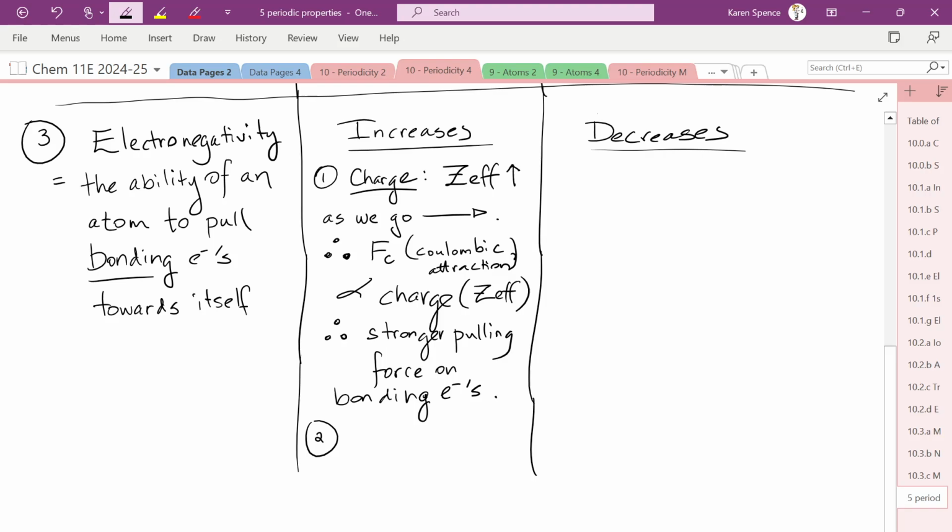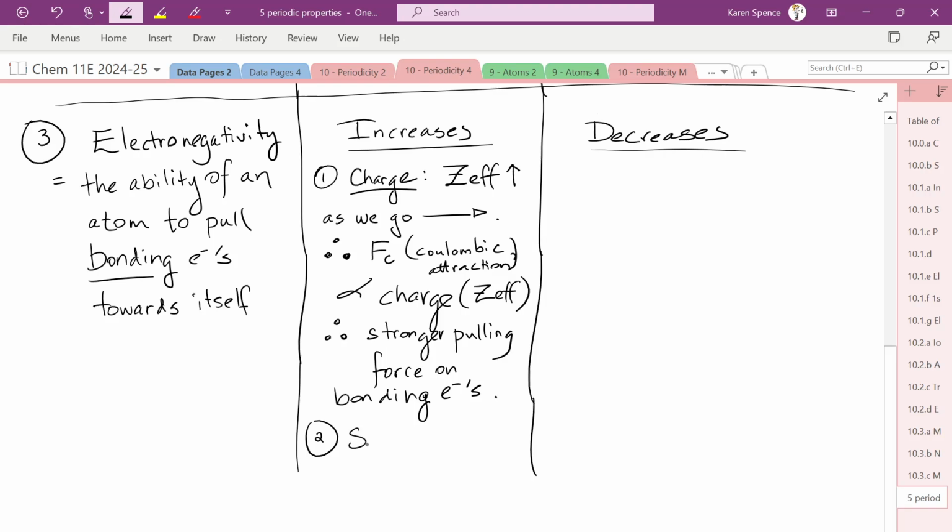There's two reasons that electrical force might get bigger. One of them is charge. Yeah? Atomic radius, yeah. So the separation, is that what you were going to say too?